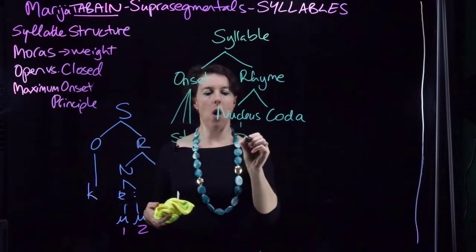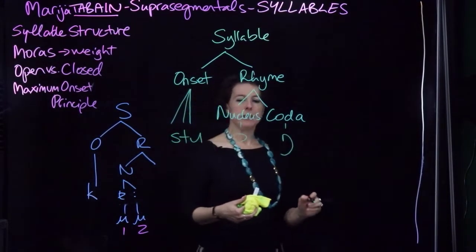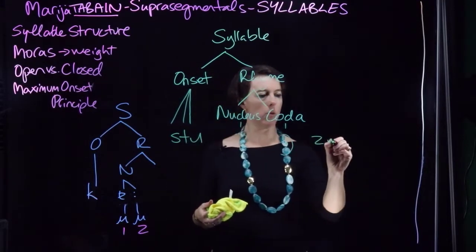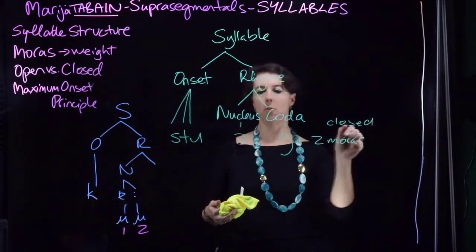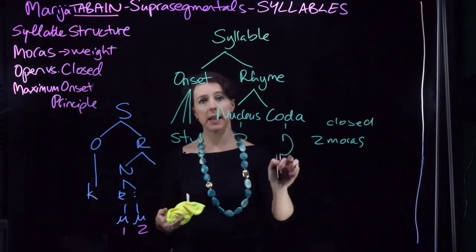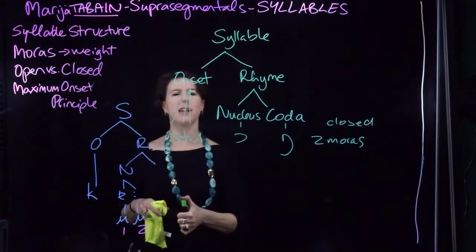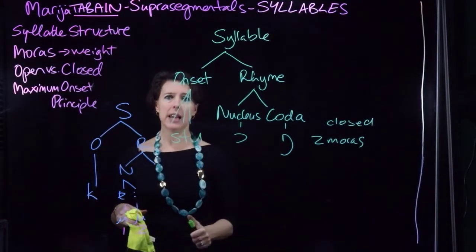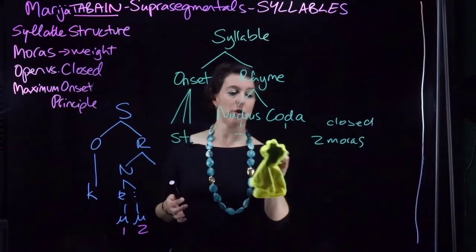S-t-r, o, coda ng, strong. So we've got 2 moras here, and it's a closed syllable. The 2 moras are o and ng, and it's closed because it has a coda. But it's got 3 slots in the onset. English is quite permissive as to what it allows in the onset and what it allows in the coda. We could even have a word like strengths.